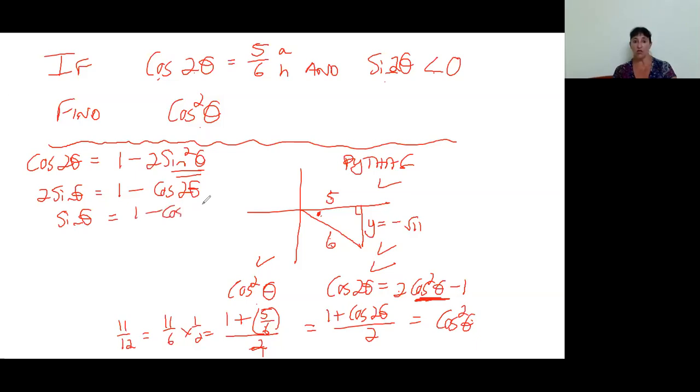So it's 1 minus cos 2 theta over 2. Now all I need to do is sub in: 1 minus 5 over 6, over 2. That would be 1 over 6 times 1 over 2, in other words, 1 over 12.